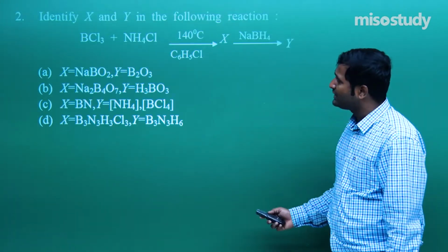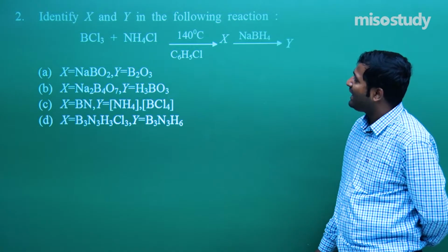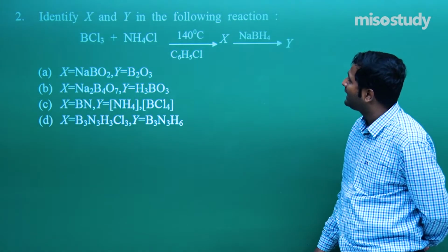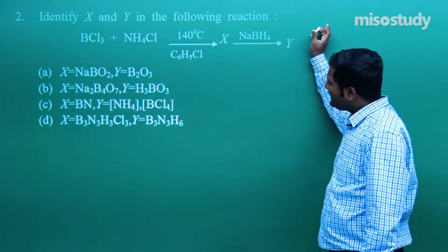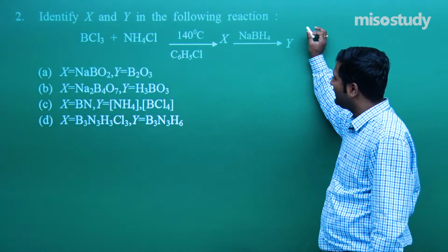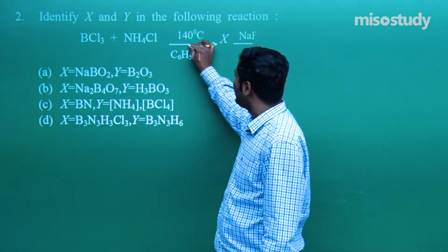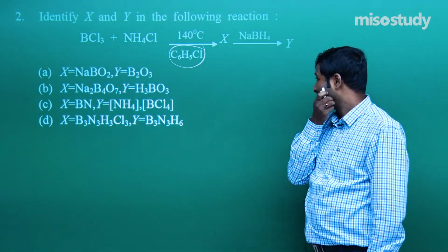What is the next question here? Check it out, friend. Identify X and Y in the following reaction. BCl3 plus NH4Cl in treatment with C6H5Cl, chlorobenzene. Then what will happen?